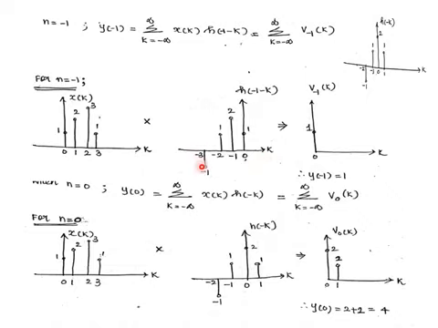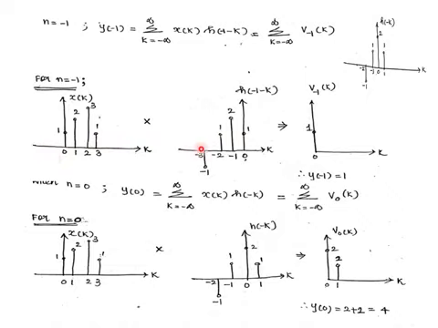Looking into the left hand side, here in h of minus 1 minus k, at k is equal to minus 3, the sample's value is minus 1. Whereas at x of k, at k is equal to minus 3, its amplitude is 0. So this minus 1 into 0 becomes 0. Similarly, when k is equal to minus 2, h of minus 1 minus k has some value, whereas for k is equal to minus 2, x of k has amplitude 0.